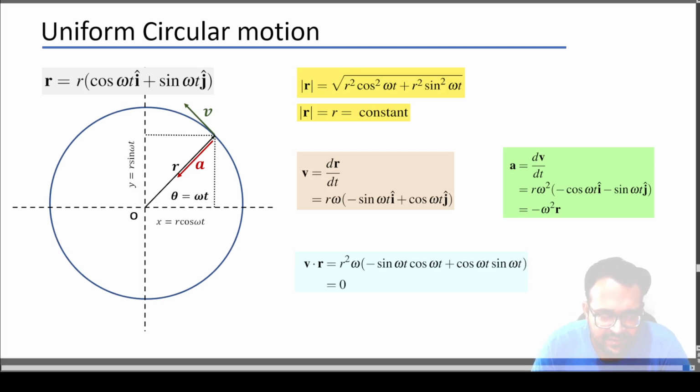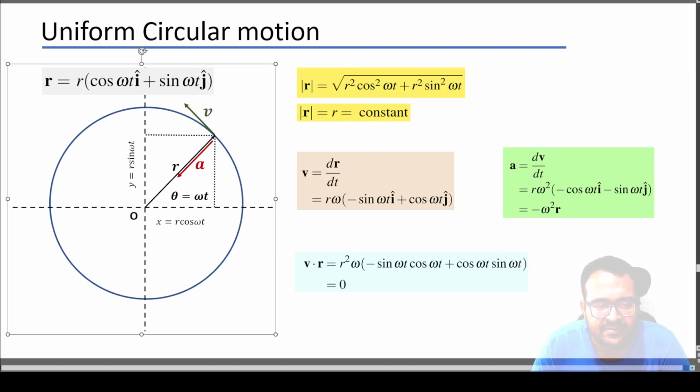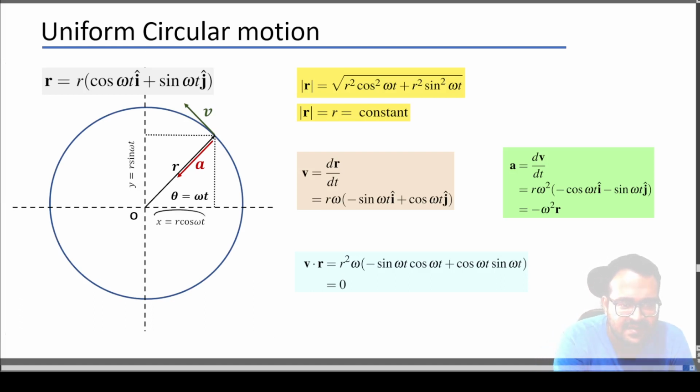Okay, so uniform circular motion at any point of time can be represented as a projection of r. You can see your x component is nothing but r cos omega t, this part, and your y component is nothing but r sine omega t. So this is your r vector, and this is your theta angle.